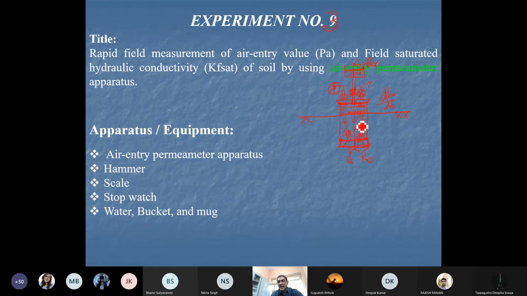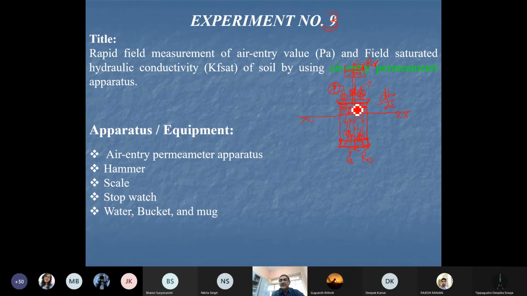As the water front goes down, the air trapped inside the pores of the soil will try to move up and fill this space which is becoming a vacuum, because a vacuum is created the moment water enters the soil.